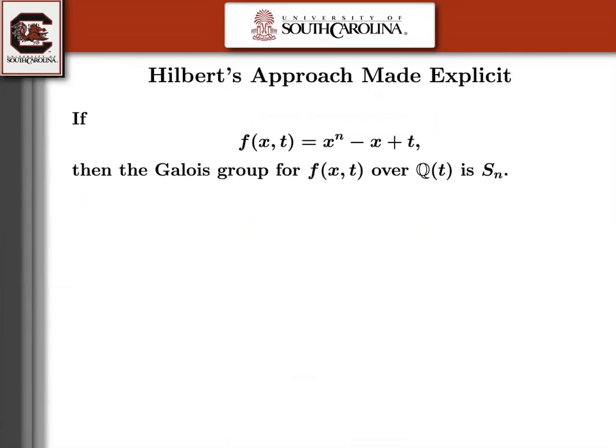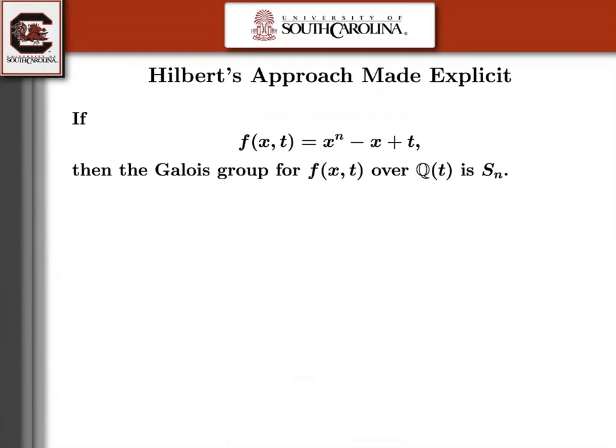And I was giving this explicit example of an f of x, t where the polynomial x^n minus x plus t actually has Galois group Sn as a polynomial in x with coefficients from Q of t. And this is not exactly the choice he makes, because I went to his paper to see, well, what did he take for a polynomial? And he's actually kind of vague.